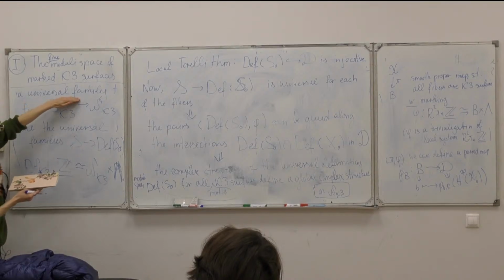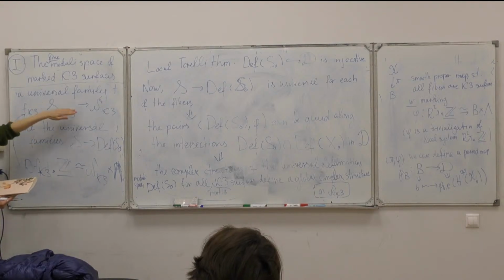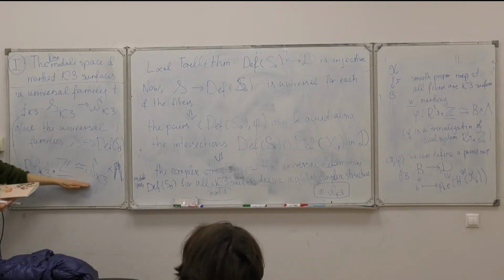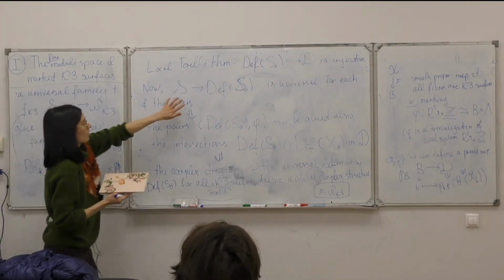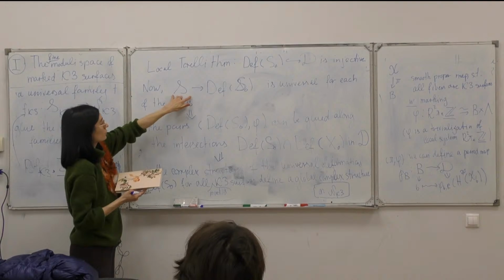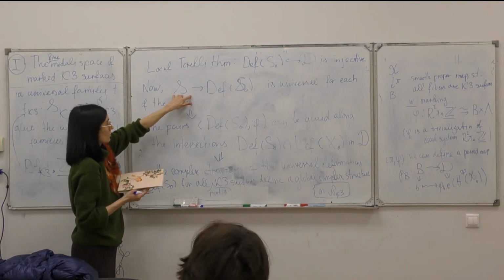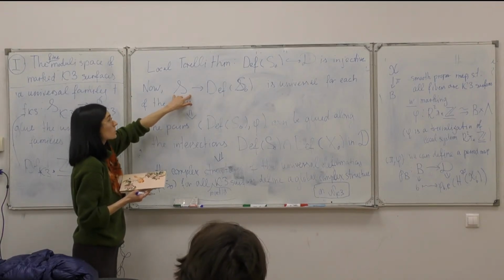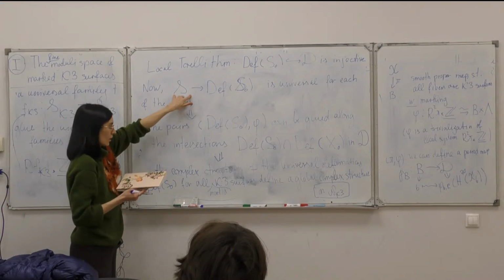If we have a universal family, then on this universal family of marked K3 surfaces we will have this trivialization, right? And to obtain it, roughly speaking, we just glue the corresponding universal deformations, and I will not.